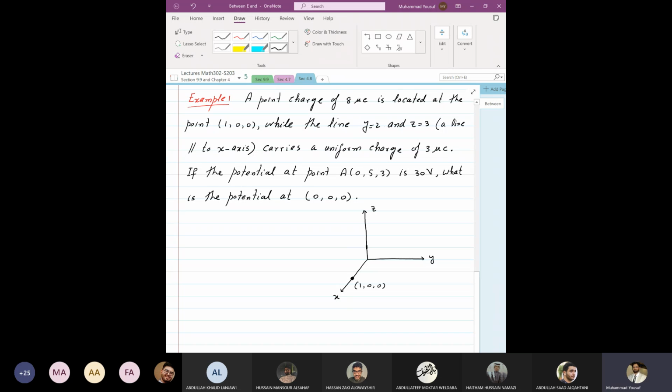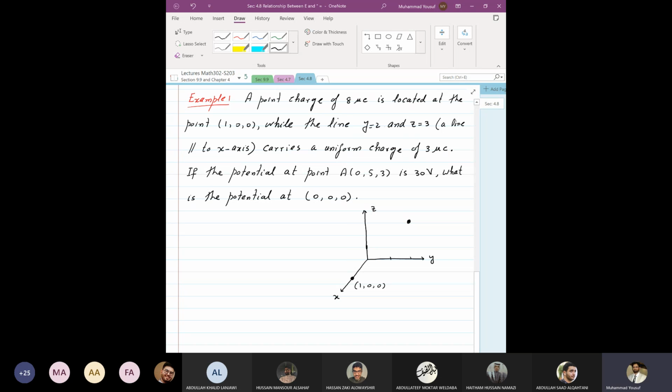And y equal to 2 and z equal to 3. This is a line. When y is 2, z is 3. We have, let us say, this z equal to 3. This is the point when y is 2, z is 3.